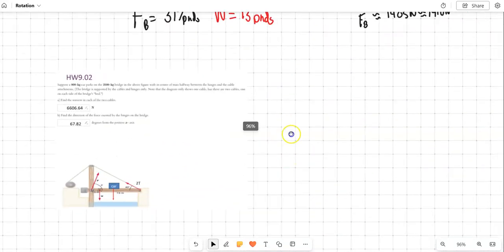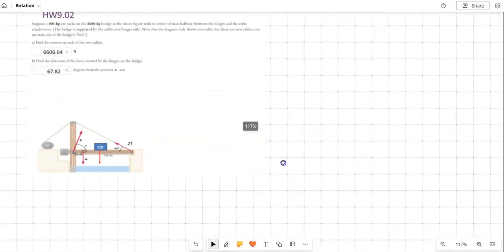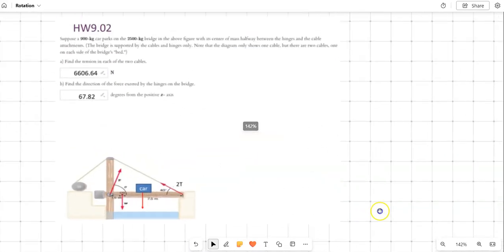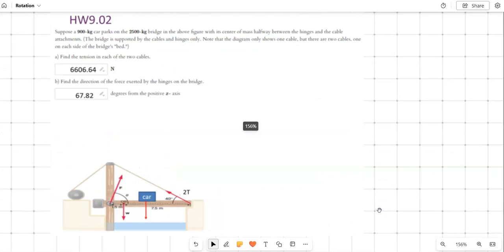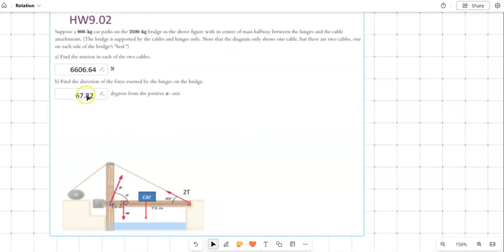Moving right along, this is one of your homework problems. And in fact, we're not worried about the direction of the forces in here, but this is going to be one of your homework problems that we'll do in class.